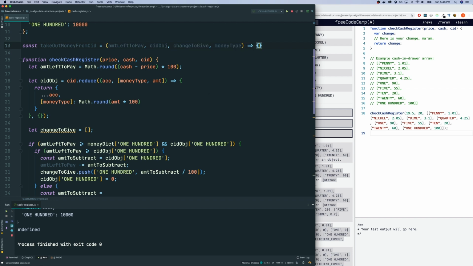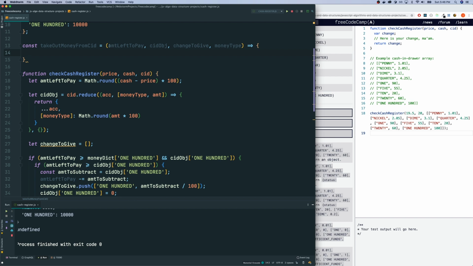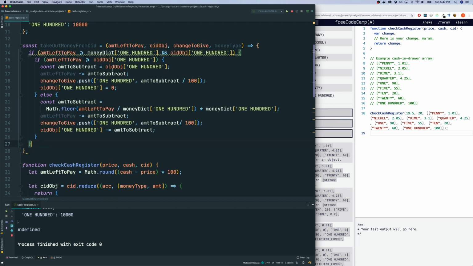The reason we're passing all of these in is that later we're going to return the updated values of these three. The amount left to pay will be subtracted if we could subtract anything from it. CID object will also be subtracted in that denomination. Change to give will also have been pushed if we subtracted any money. Hopefully that makes sense. Let me paste this big if condition here.